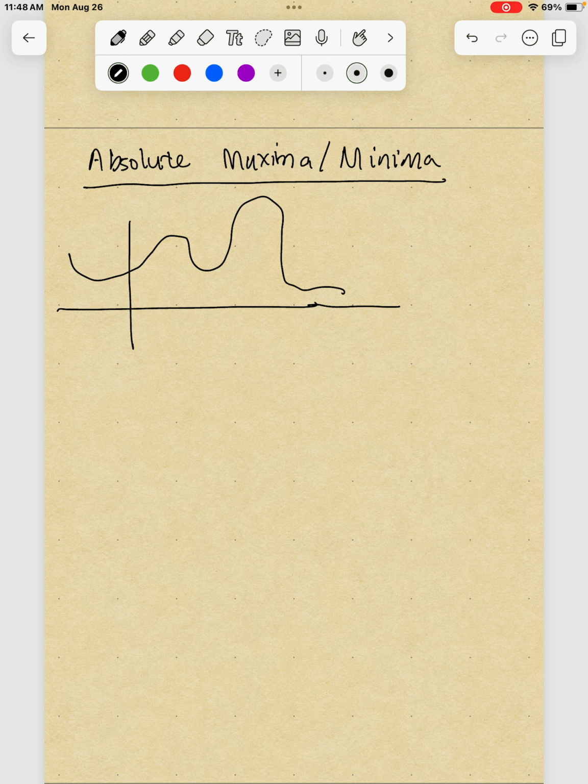So in this case, it would be this y value. Let's call this y value y0. So then we would say that y0 is the absolute maximum of the function.